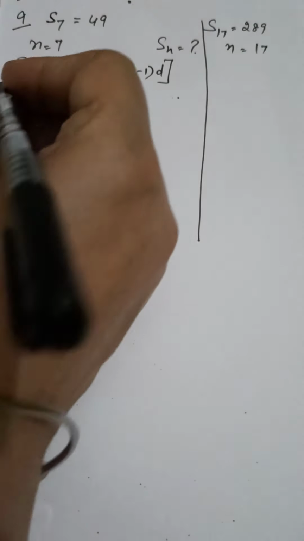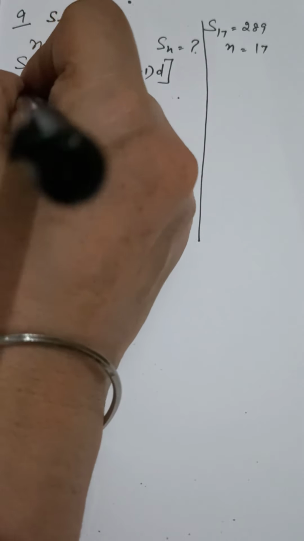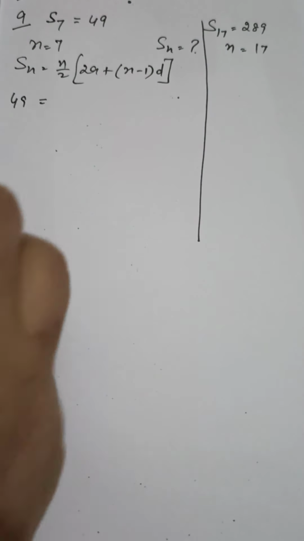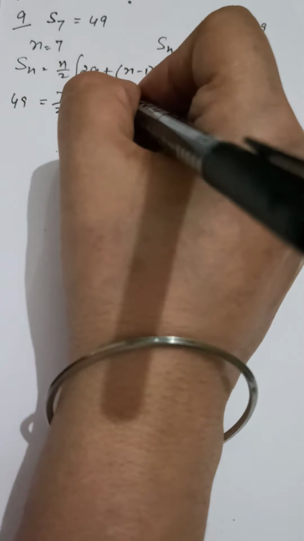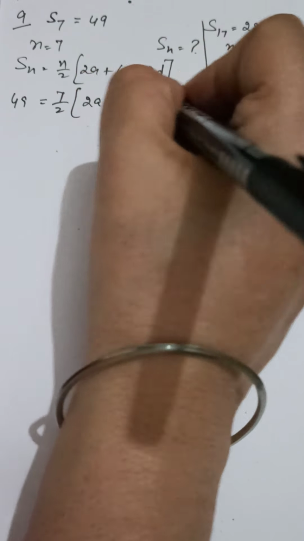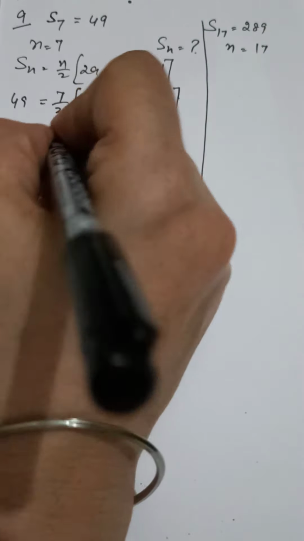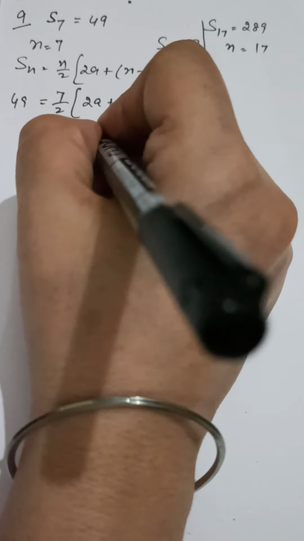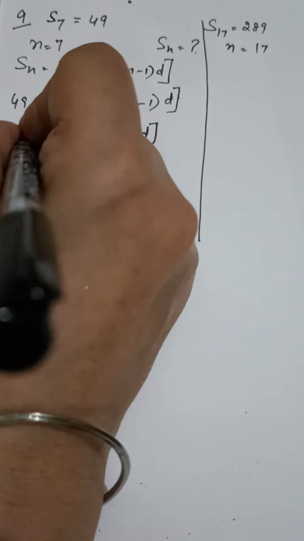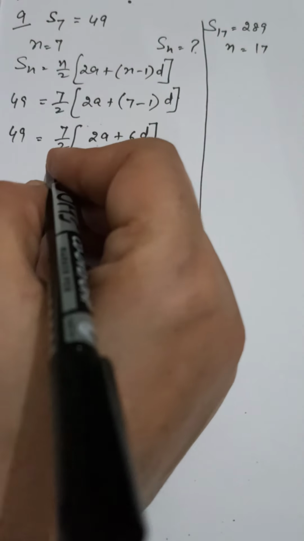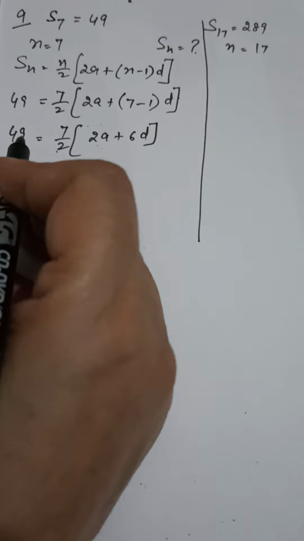First part: 49 is equal to 7 upon 2, 2a plus 7 minus 1 into d, that is 7 upon 2, 2a plus 6d. 7 upon 2 moves to this side.